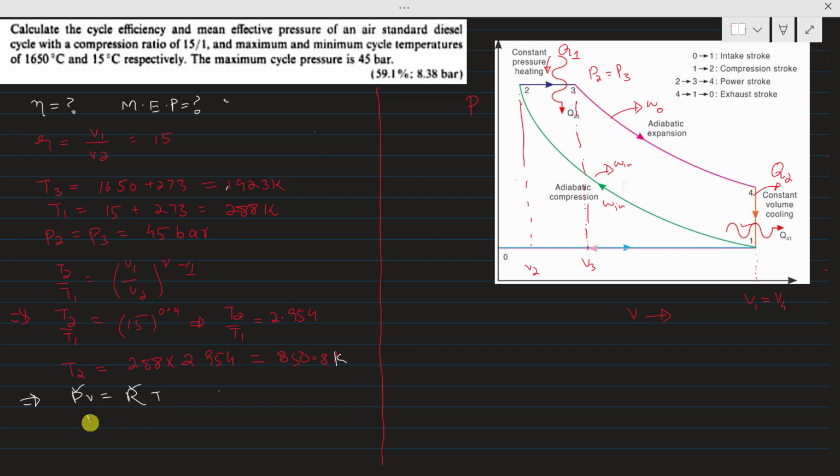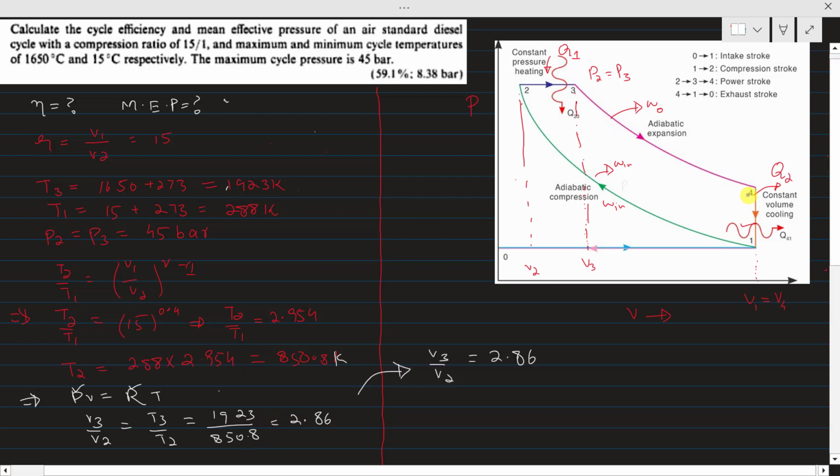So I can write that V3 divided by V2 is equal to T3 divided by T2. T3 is 1923 divided by T2, which is 850.8. When you divide this, you will get the ratio.